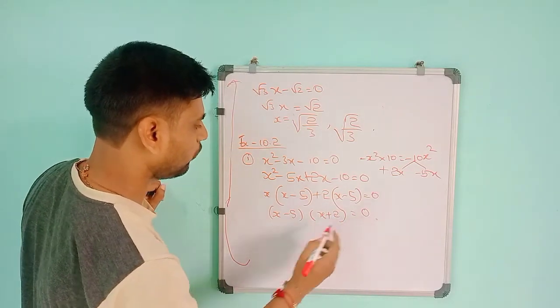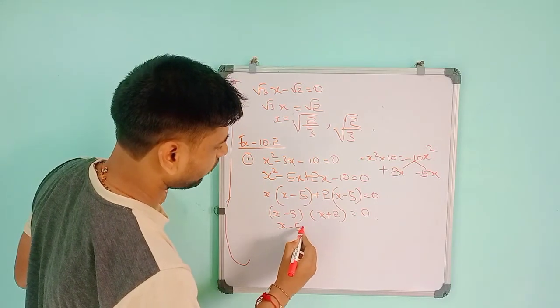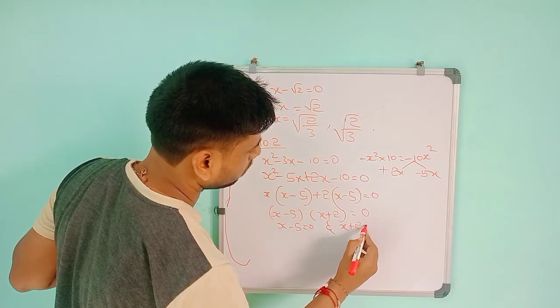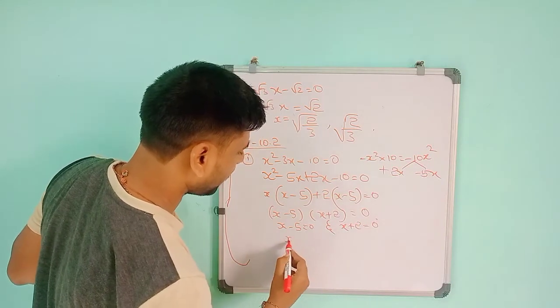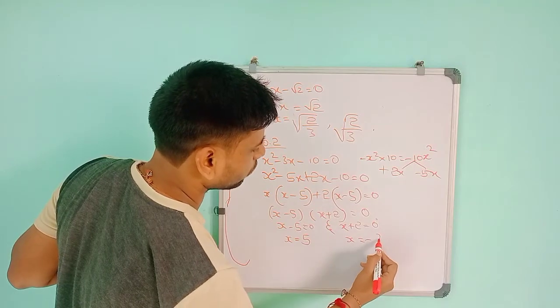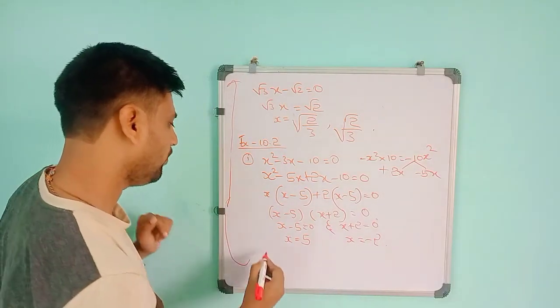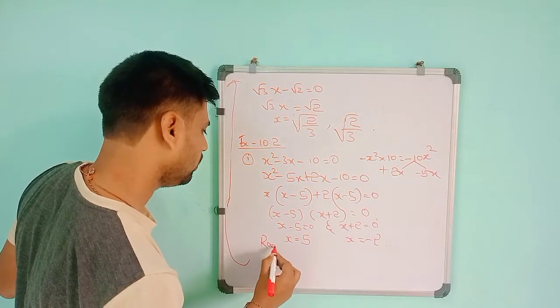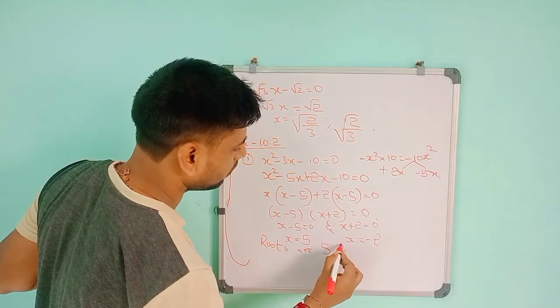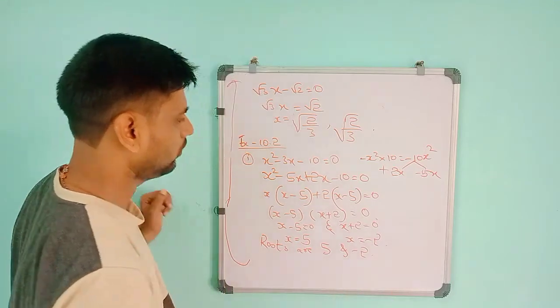Equate each one to 0: x minus 5 is equal to 0 and x plus 2 is equal to 0. So x will be plus 5, as the minus 5 moves to the other side, and x is minus 2. So the roots are 5 and minus 2.